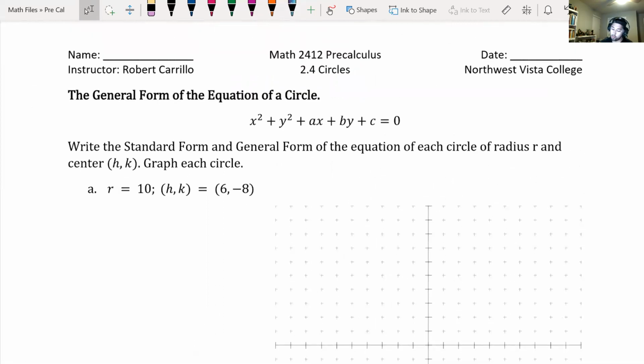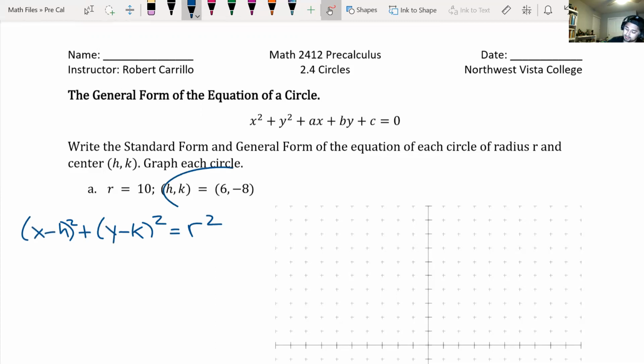So for this one, write the standard form and general form of the equation of each circle of radius r and center (h, k). So this one, again, they're giving us the components. We're going to write the standard form and we're going to FOIL everything out to get the general form. So nothing crazy. And then I guess we'll graph it. So for this one, once again, I'll write the standard form, x minus h squared plus y minus k squared equal to r squared.